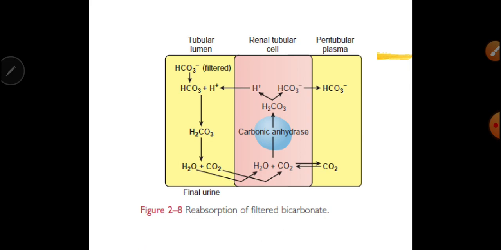To understand the tubular secretion process, we have to understand some figures. Let us start with the first figure, about the reabsorption of bicarbonate, an important part of the control of acid-base function in the kidney. We have three components. The first one is the tubular lumen. This is the lumen where the filtrate will flow. We have the renal tubular cells, which mostly will be proximal cells.